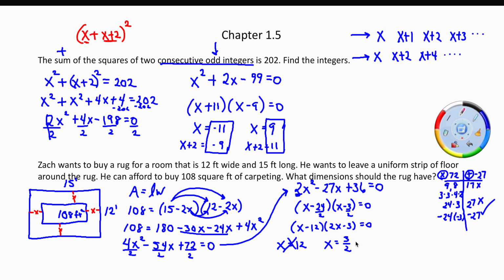It must be this 3/2, or in other words, 1.5 feet. But again, that's not my answer. That is the blank space in the room.